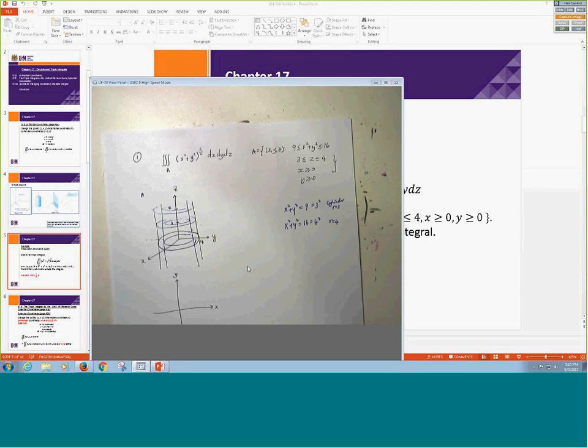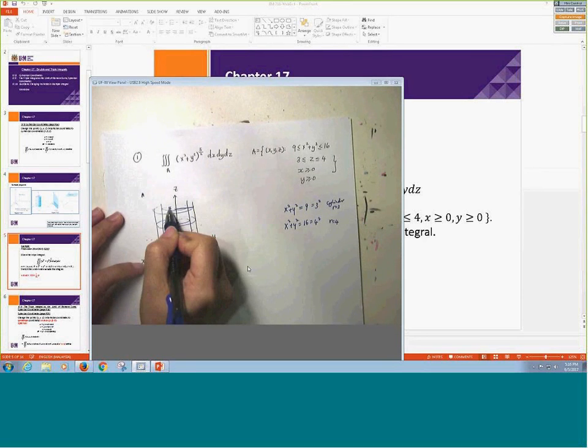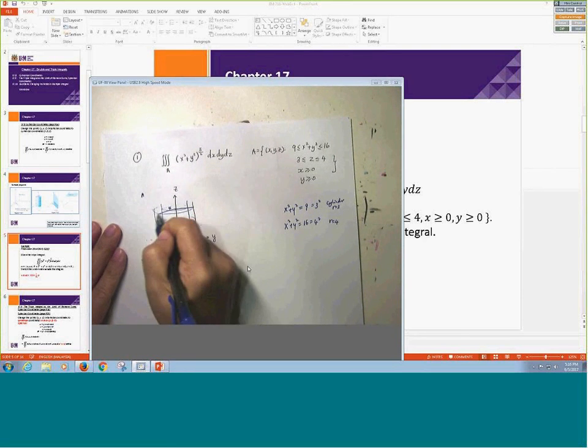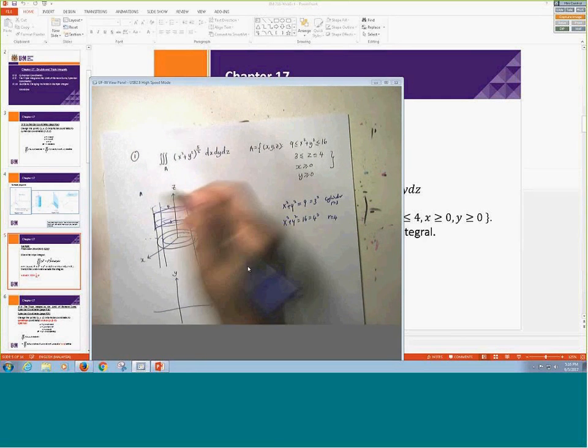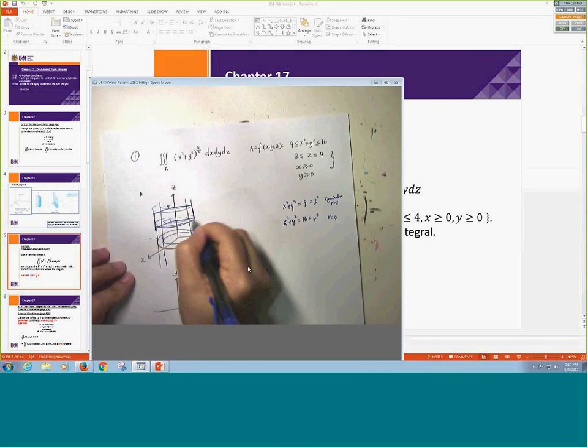Here is the positive, the negative we don't want. Here the positive, the negative we don't want. The back too. So what we have will be like this.